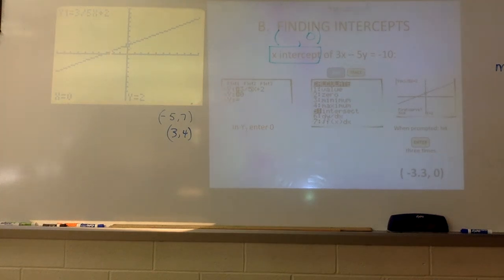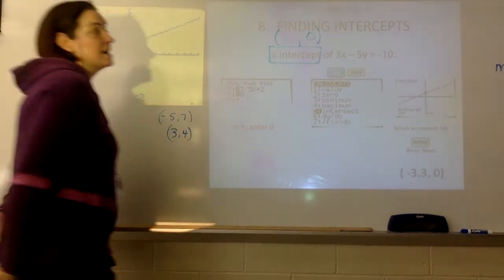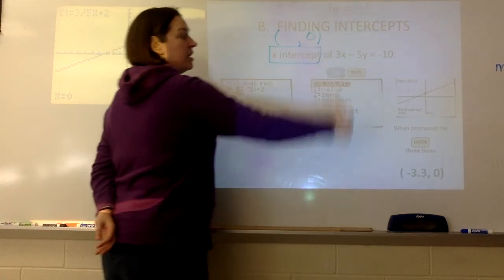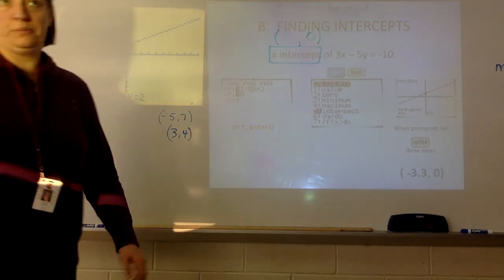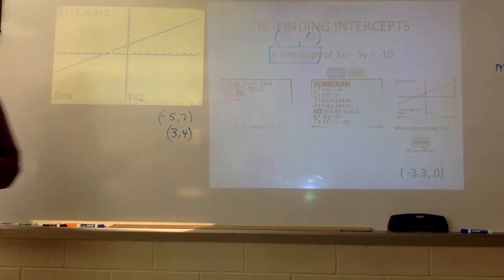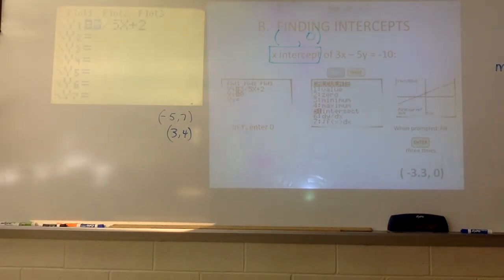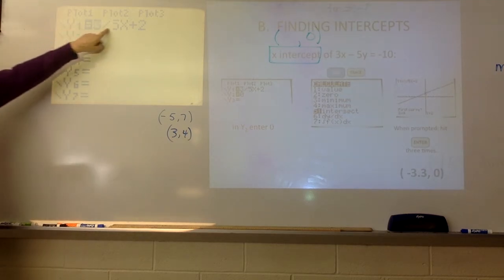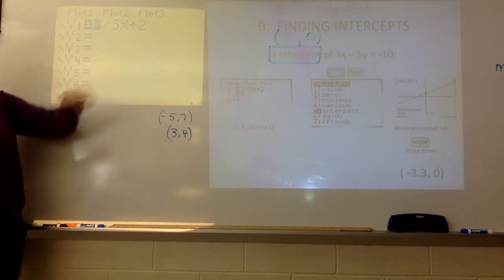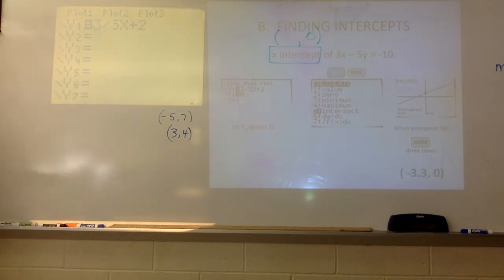The only place that we can enter y's is in the y equals menu. Go figure, right? So I'm going to go into y equals right here. My y1, my first equation, is going to be 3/5 x plus 2. My y2 is going to be 0. And then I can go back to the graph.